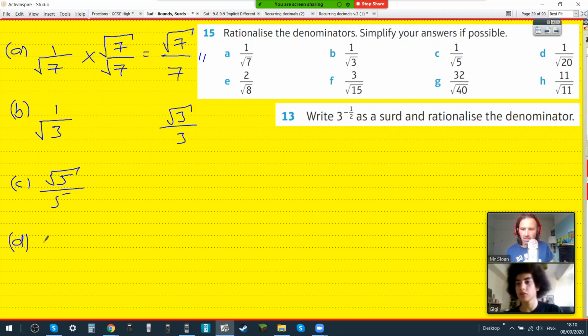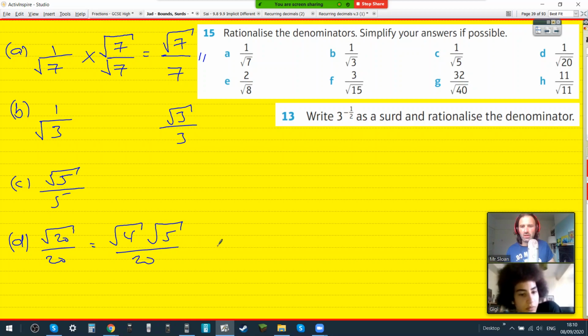D. Wait a second. Root 20 over 20. So I think root 20 can be simplified. Do you remember? 5 root 4. So it's like root 4, root 5. And how do you make that simpler? 2 root 5. Yes. So that's 2 root 5 over 20.